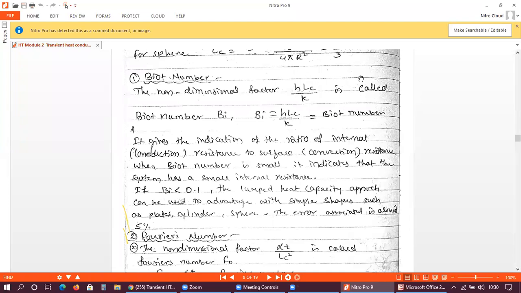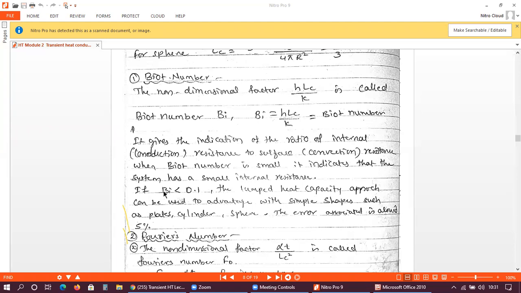The very first part is that we have to calculate this Biot number. If the Biot number is less than 0.1, then the lumped heat capacity approach can be used. If this condition is satisfied, then we can analyze that the heat distribution within that geometry is uniform.